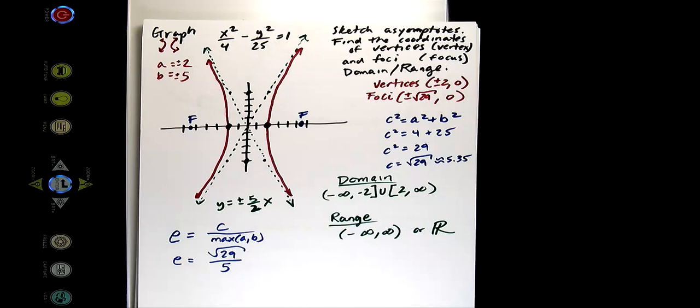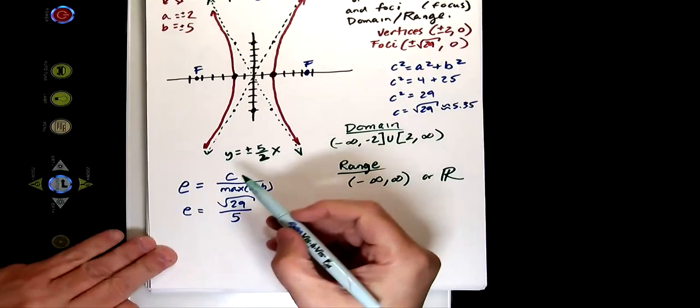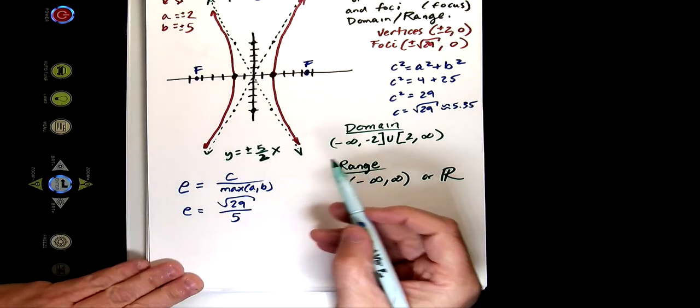My bad, I said the wrong thing. It is not C over max. It is C over the positive one.